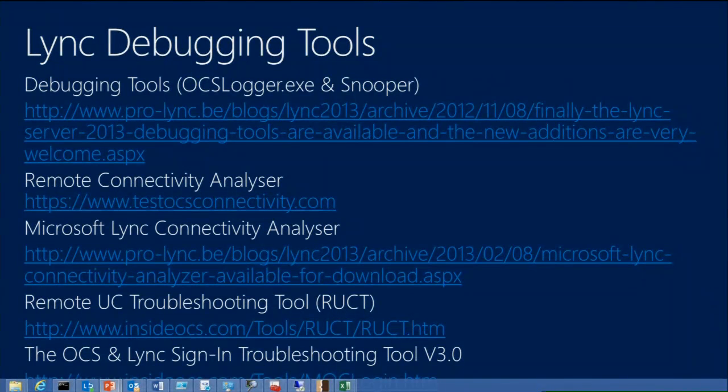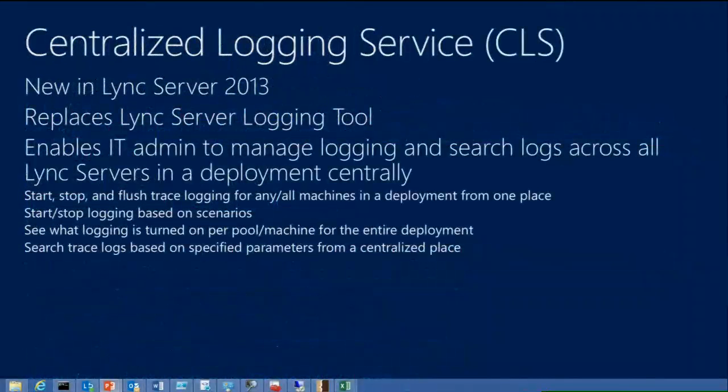We have some additional tools, the remote connectivity analyzer, and a new tool, Microsoft Lync Connectivity Analyzer, which essentially mimics whatever the mobile clients do. It checks if the configuration is correct for Lync mobile clients. Sometimes I also use tools to troubleshoot external connection issues from a fellow MVP of mine, Curtis Johnston. I encourage you to download the tool.